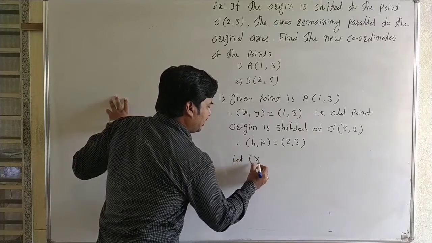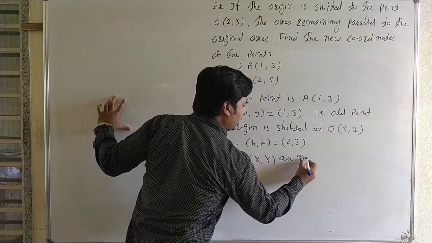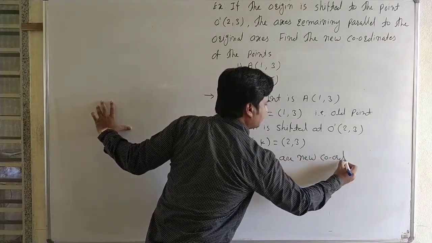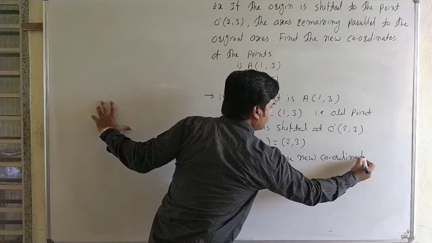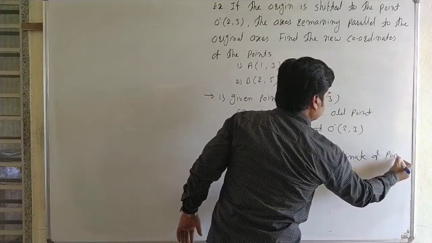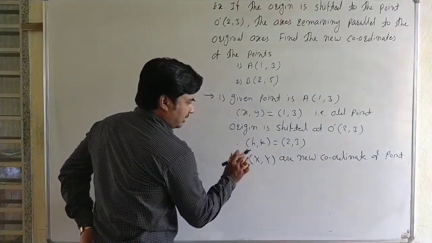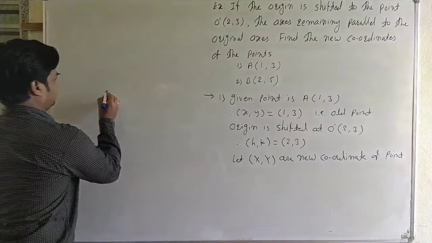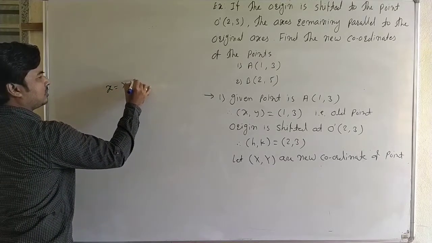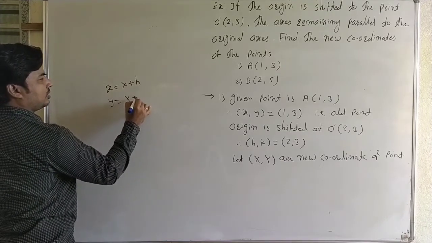Let capital X, Y be the new coordinates of the point. We know the formula: small x is equal to capital X plus h, and small y is equal to capital Y plus k.